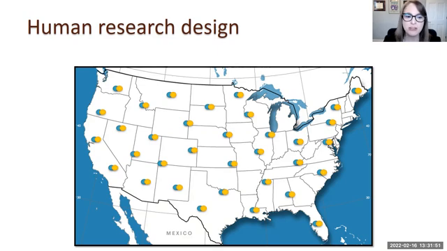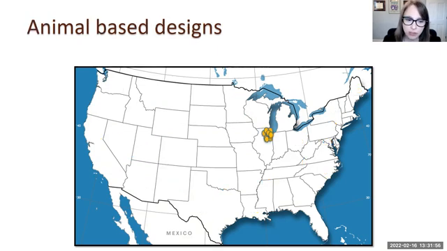Now, if we compare that to the way that we do research in animals, it would look something more like this, where we're doing research on newly sexually mature males who all live in the same neighborhood, who all eat the same food, who all live in the same type of house, who all have the same grandfather.